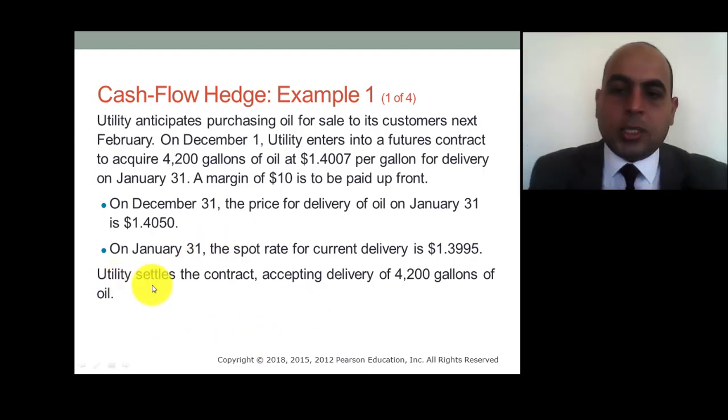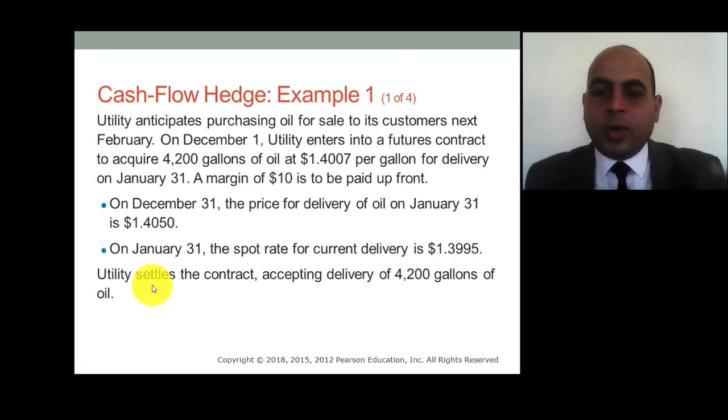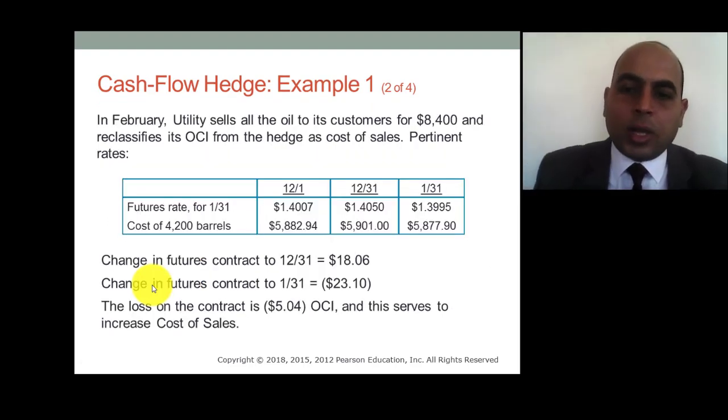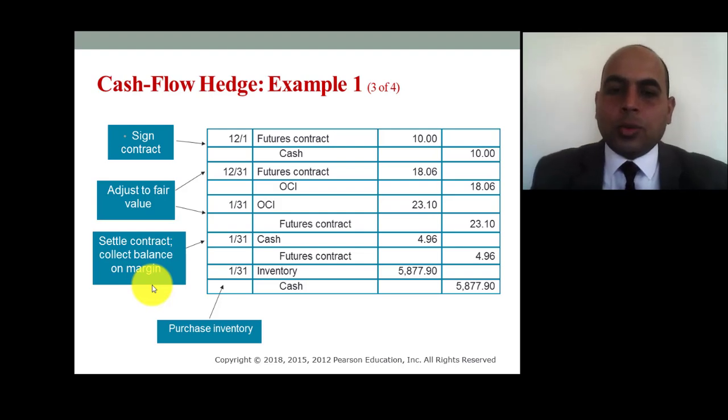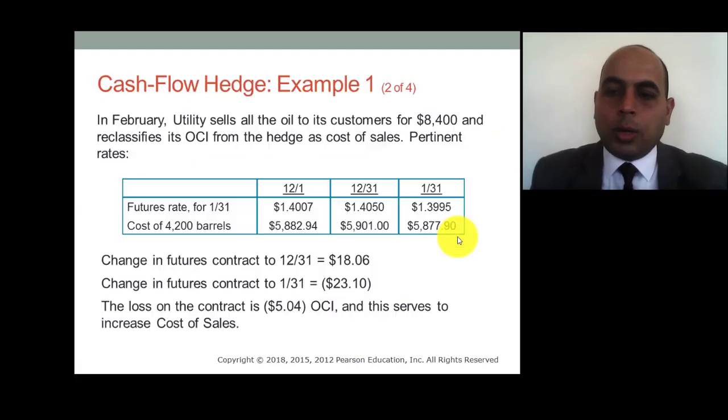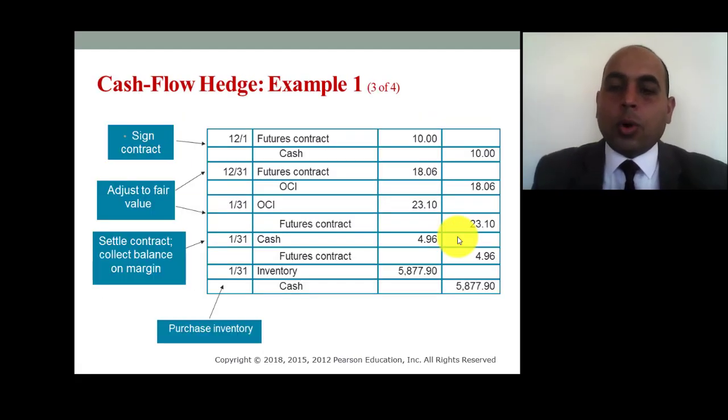On the settlement date, on 31, the point is we have settled, as he mentioned here, the utility settles the contract accepting delivery of 4,240. How will we settle it? By the difference. Here we are talking about 4.96. We will receive it, as the future contract was debited by 28 and credited by 23. So here we are talking about the difference of 4.96.